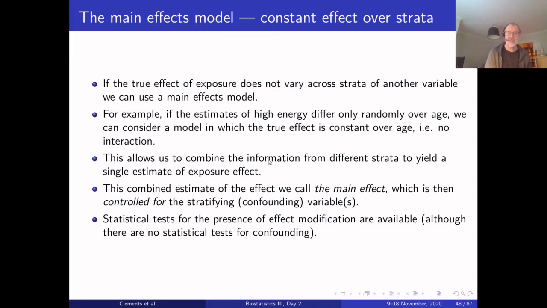This allows us to combine the information from the different strata to yield a single estimate of the exposure effect. This combined estimate we call the main effect, which is then controlled for the stratifying or confounding variables. Statistical tests for the presence of effect modification are available, although there are no formal statistical tests for confounding, and that should be done on the basis of subject matter knowledge.